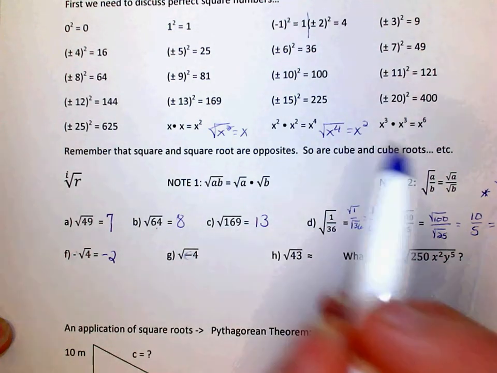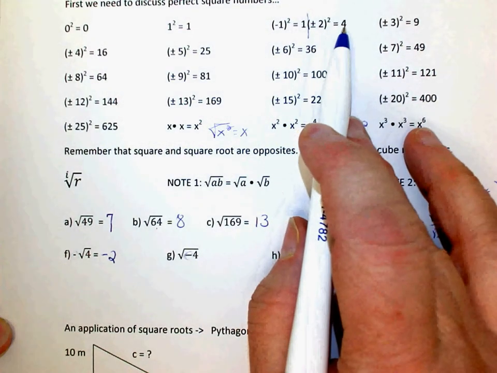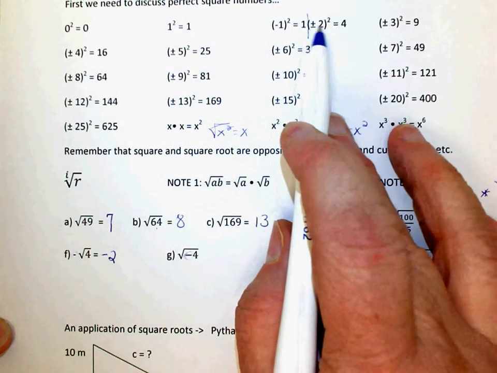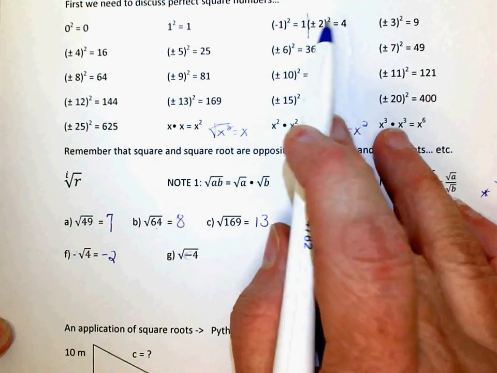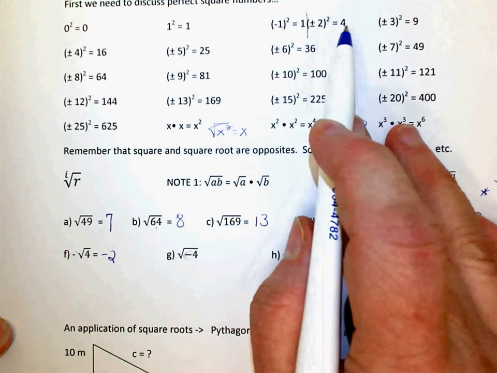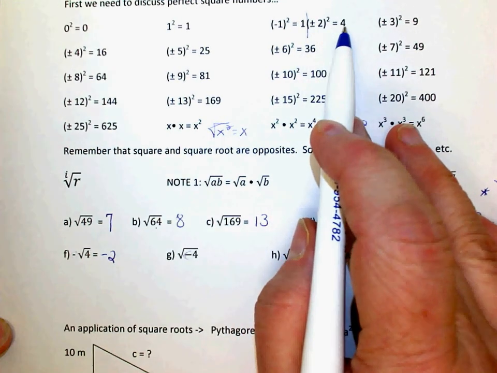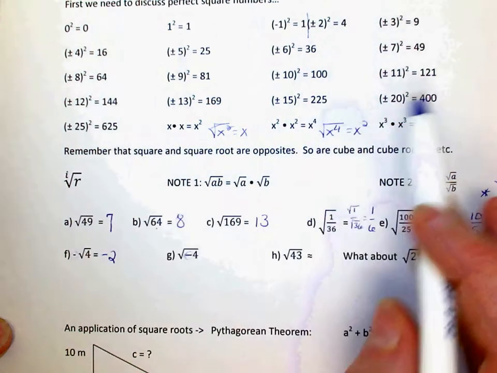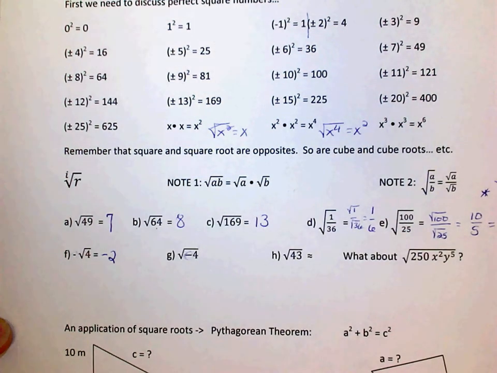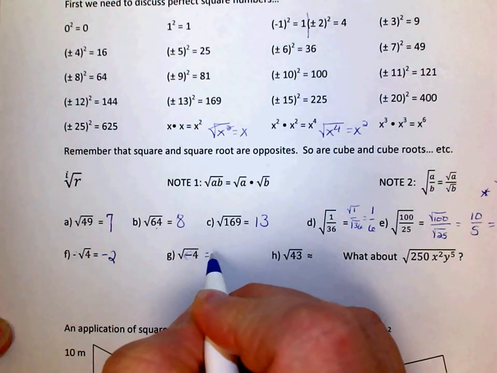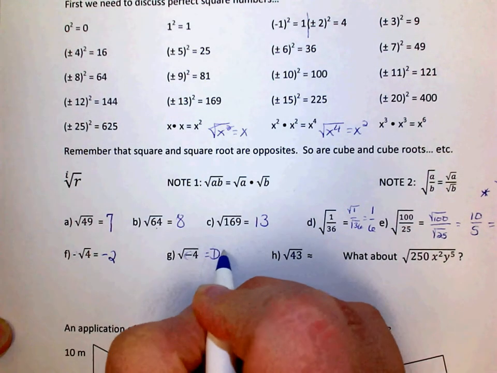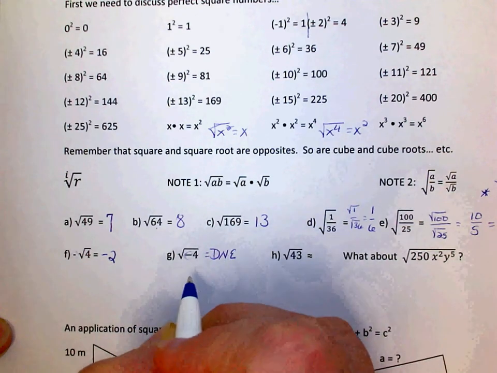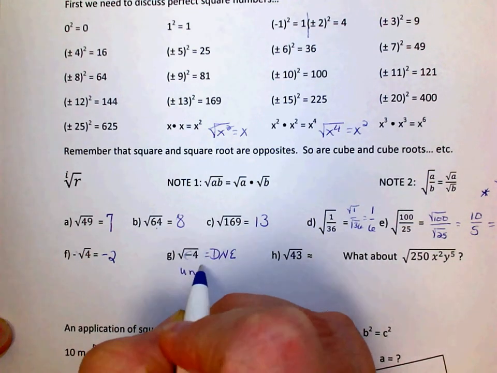Because if we go to the number 4, positive 2 squared is positive 4. Negative 2 squared is positive 4. Nowhere in the list of perfect square numbers do we have a negative number. So this one does not exist. Or you can also say it's undefined.